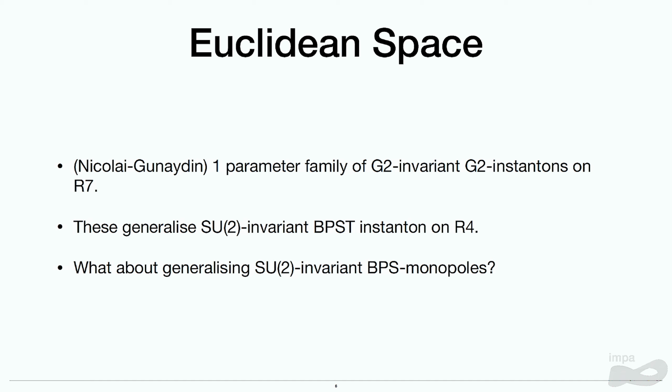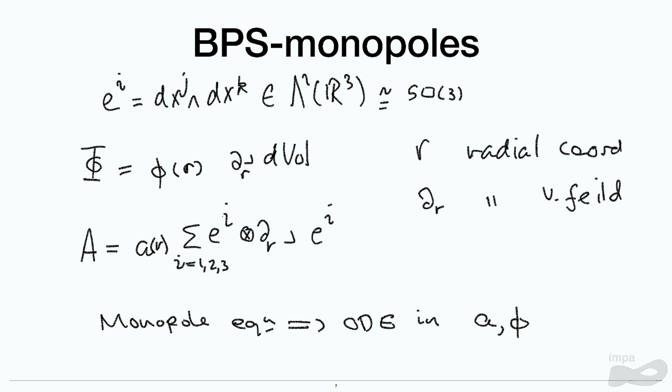So for the monopoles, you have to do something a bit different. And I'm going to explain one way of viewing the BPS monopoles on R3, which will clarify what you should do.